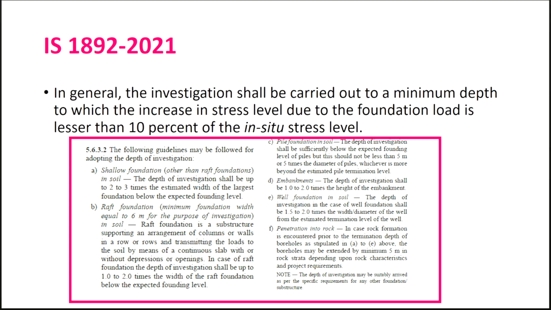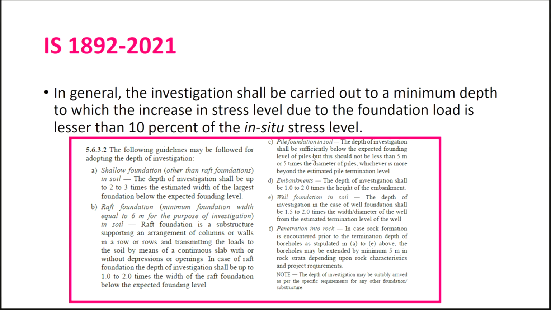So whatever my founding level is, I have to go that much below. This is something extra I am telling, beyond NBC. Depending on your requirement, whatever useful information I am sharing will be very useful for you, because this is an update of 2021, IS 1892.